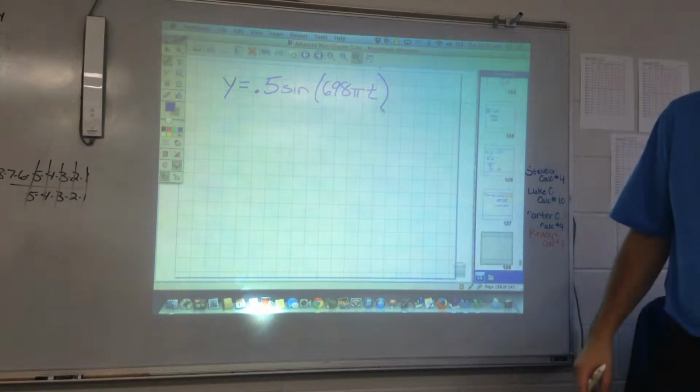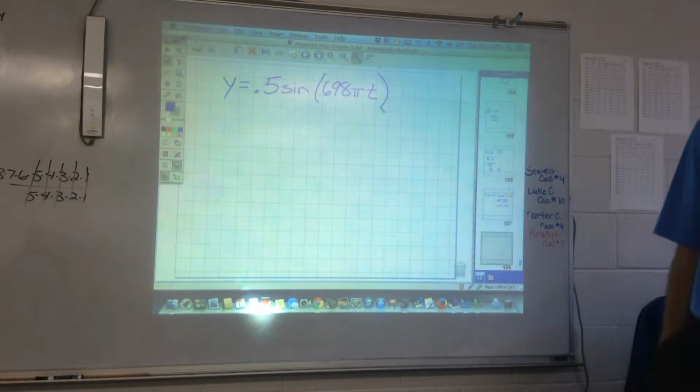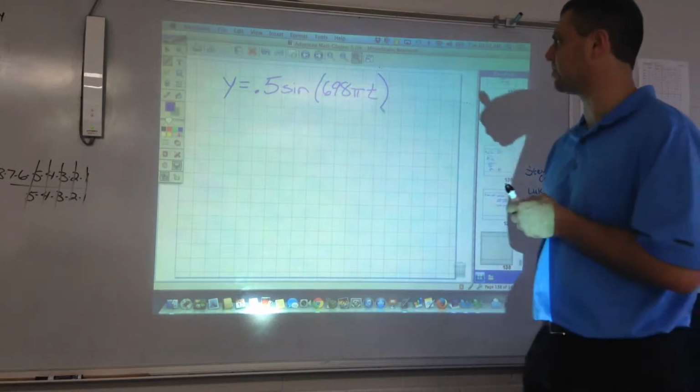And what does it want us to do? Determine the amplitude and the period for the function.